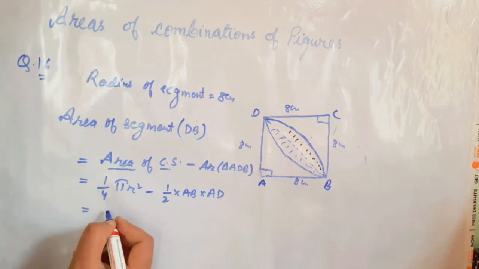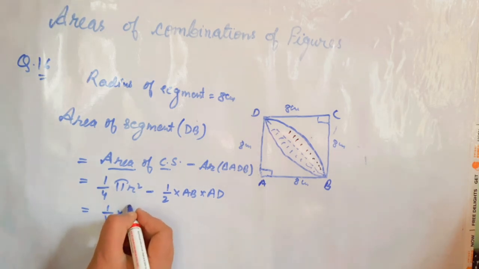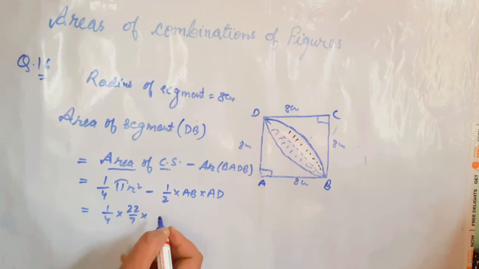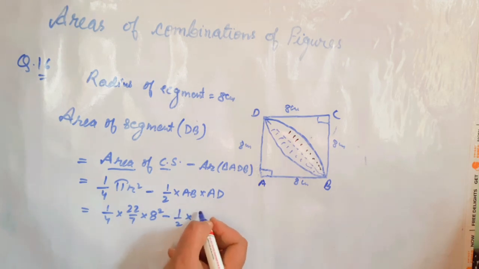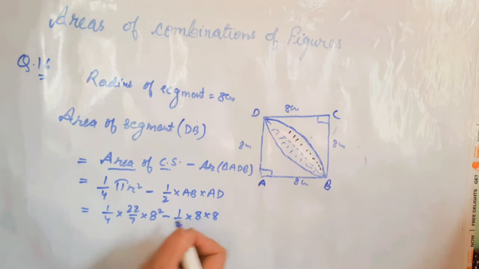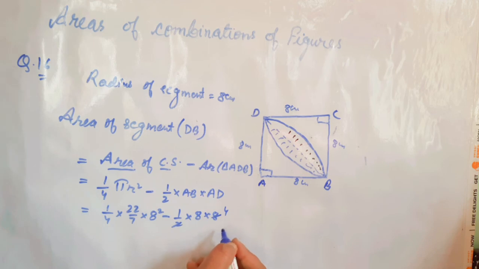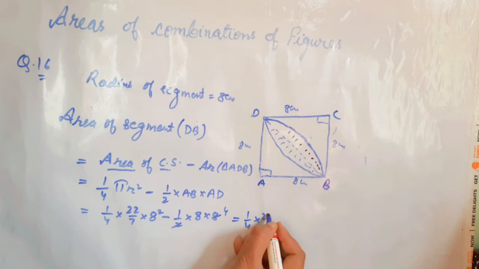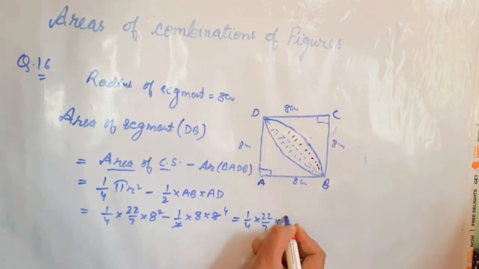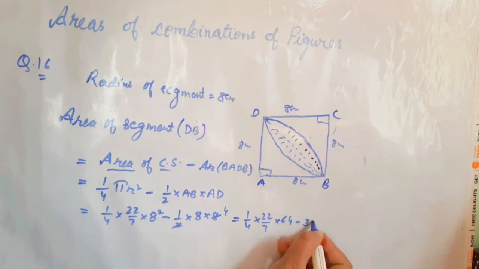So this will be equals to 1 upon 4 pi is 22 upon 7 into r square, radius is given equals to 8, so into 8 square minus half into AB is 8, AD is also 8. So let us simplify, 2 4s are 8, then this is equals to 1 upon 4 as it is, 22 upon 7 as it is, 8 square 64 minus 8 4s are 32.